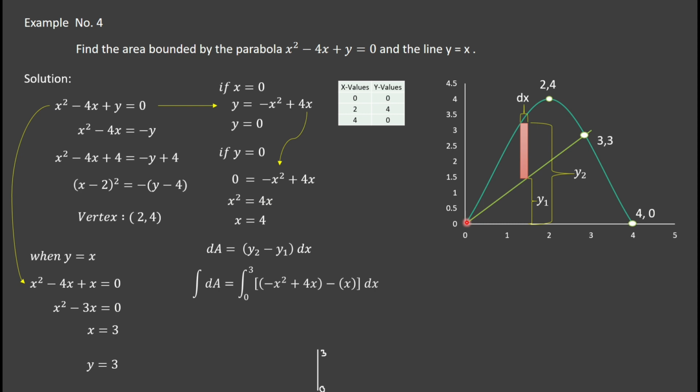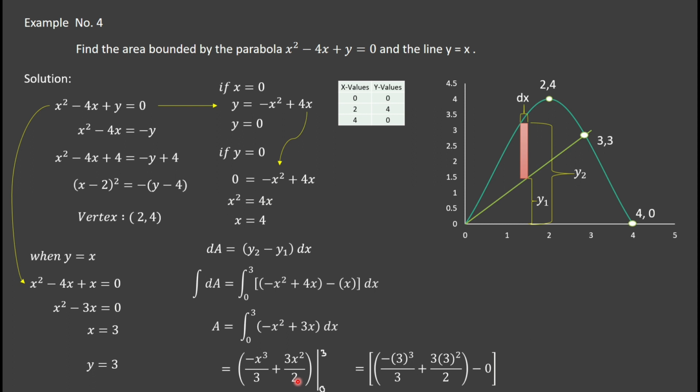Next, simplify here. The integral of the quantity negative x squared plus 3x dx gives the quantity negative x cubed over 3 plus 3x squared over 2. Then substitute the corresponding values of the limits.